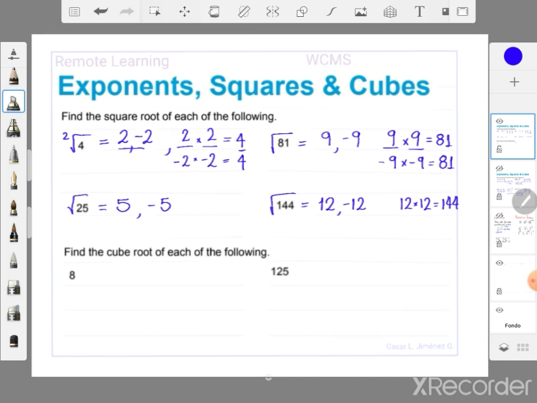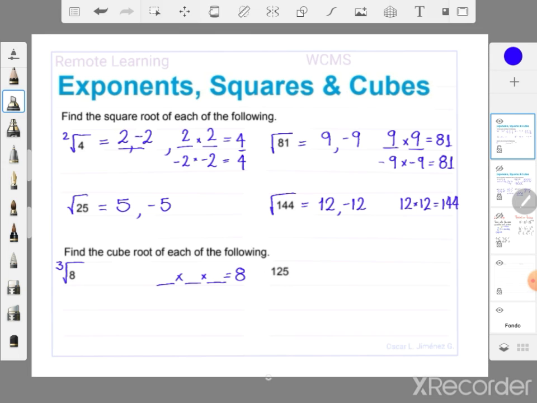Now, we're going to try to find the cube root. Cube root means you're going to find the root, but in this case the third root. You need to find a number, and when you multiply this number by itself 3 times, you're going to have 8.